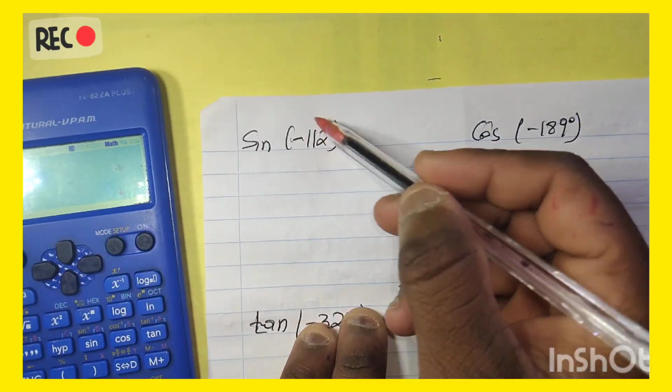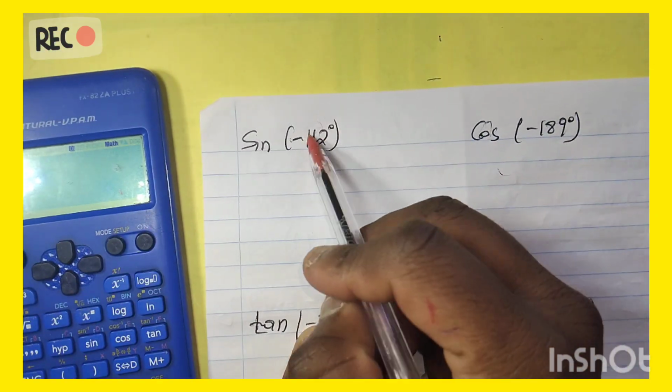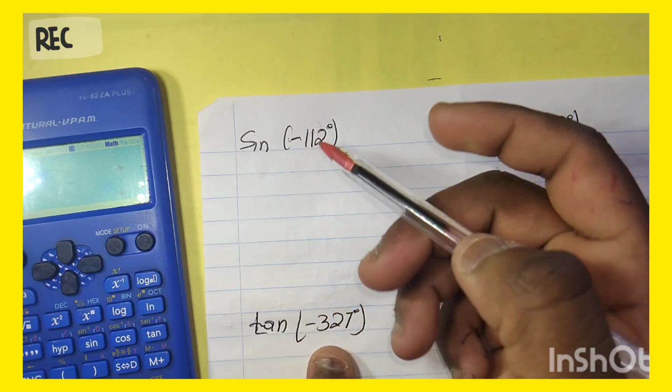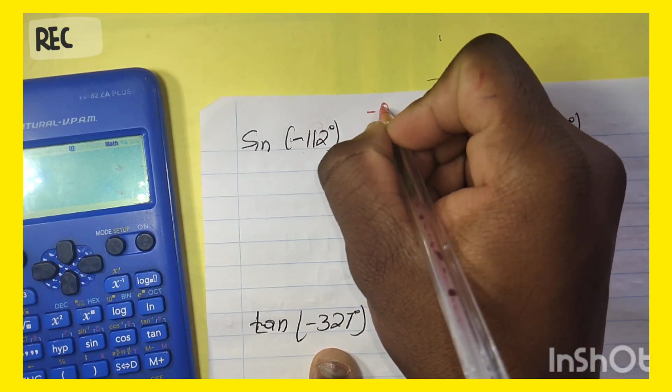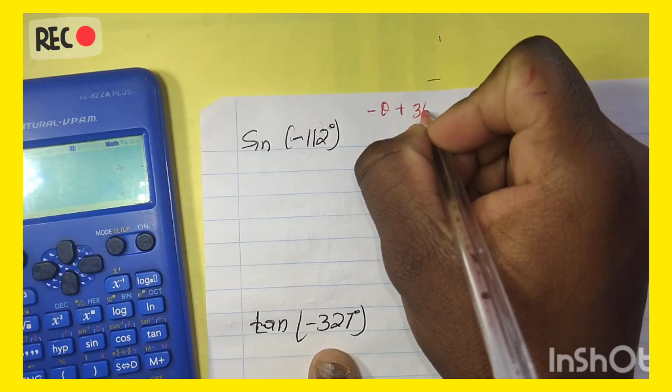This is a negative angle, as you can see. If you see a negative angle, you just add 360.